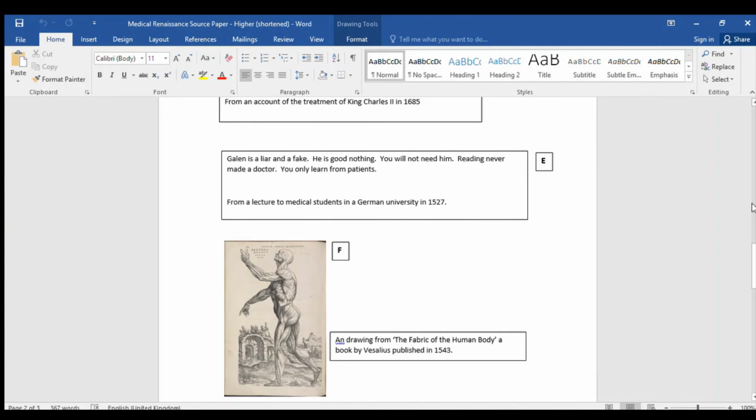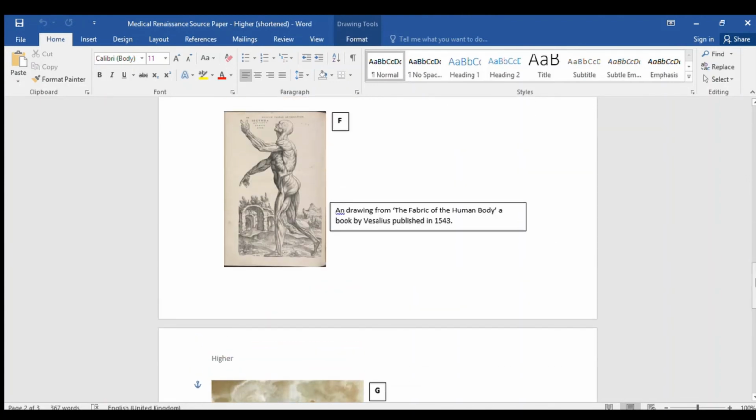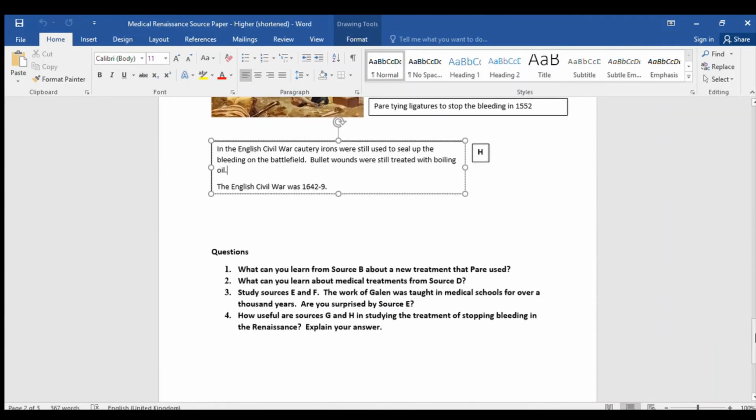So have a look at sources E and F. Use the dates to help you in your answer. You must start your answer with either yes, I am surprised, or no, I am not surprised, because. Must start like that.